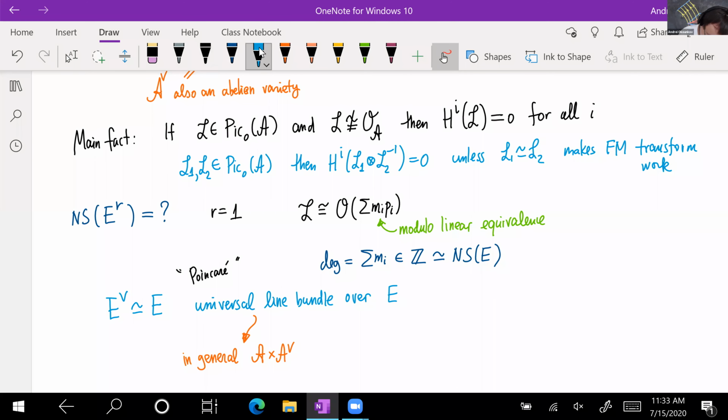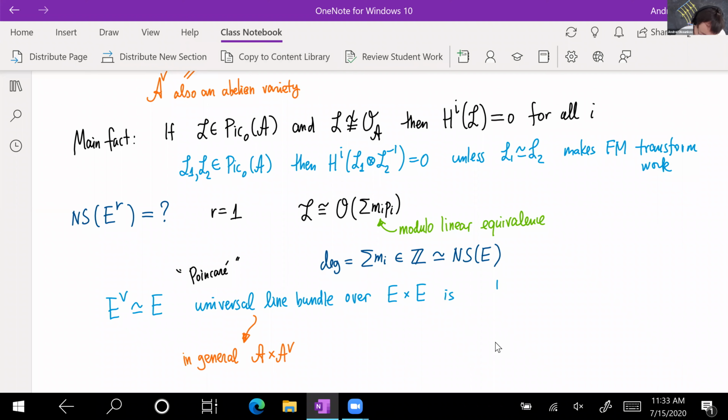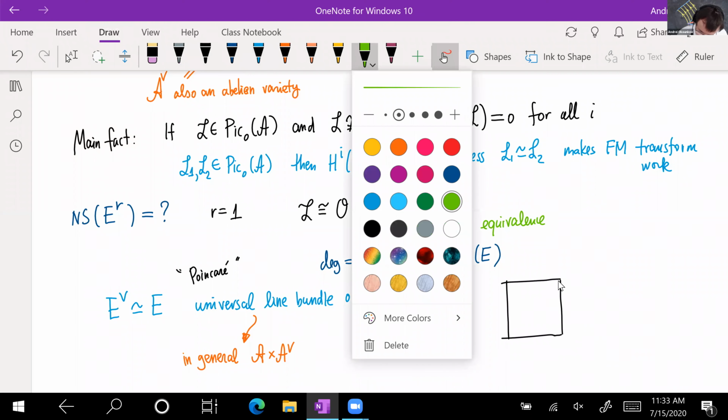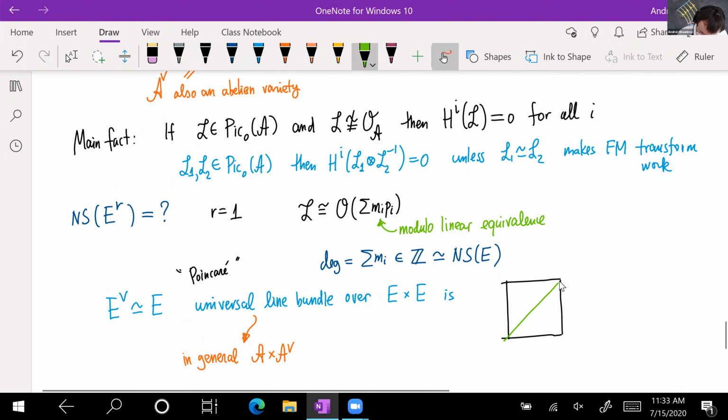And so we need a universal line bundle over E cross E. Well, it's just, if E cross E looks something like that, so this is my E cross E. And I will take a divisor, which is the diagonal, and I subtract the two curves.